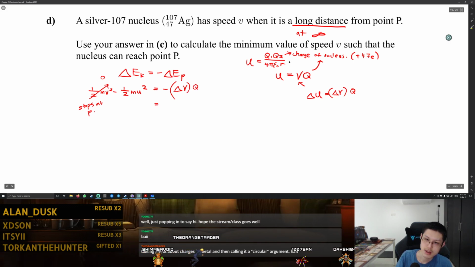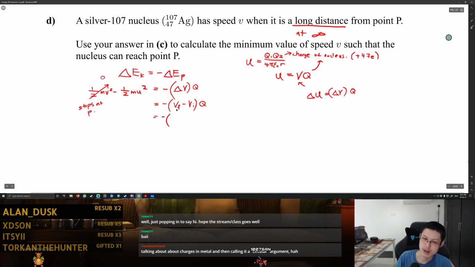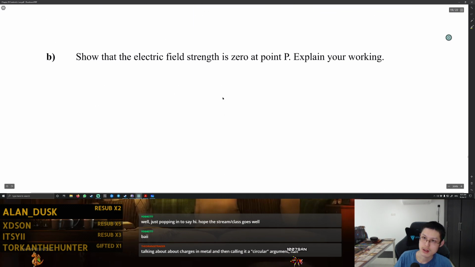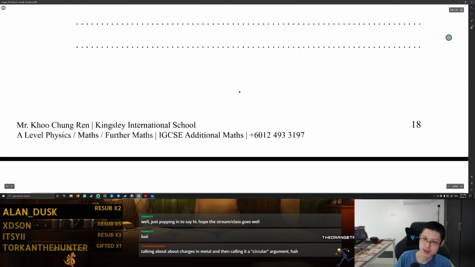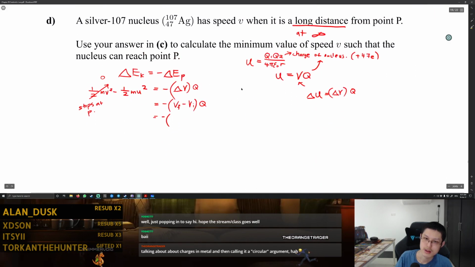So what is the change in V? Well, the change in V is final V minus initial V, so that's final V minus initial V times Q. What is my final V? My final V is the resultant electric potential that we got earlier, which was 1.26. I'm going to put that in.